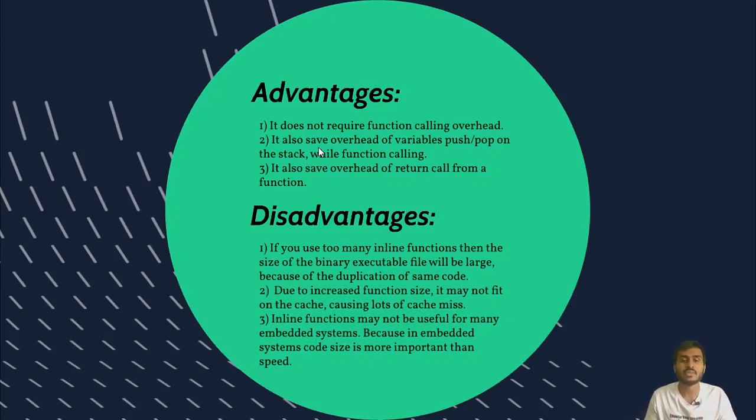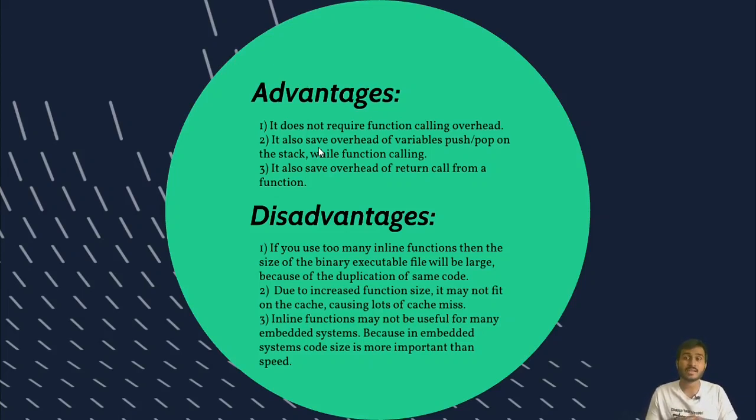The next point is that due to the increase in function size, it may not fit the cache mechanism. If in main you are calling an inline function 10 times, the size of your main function will increase, right? It will be big, so due to its big size, it may not qualify for the cache mechanism.